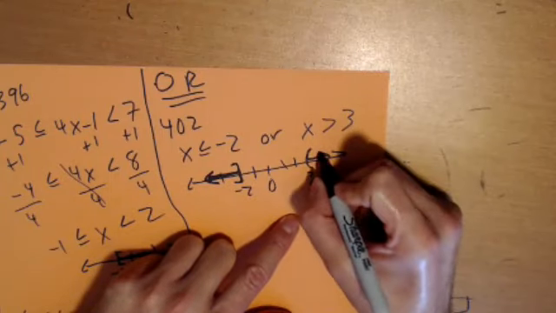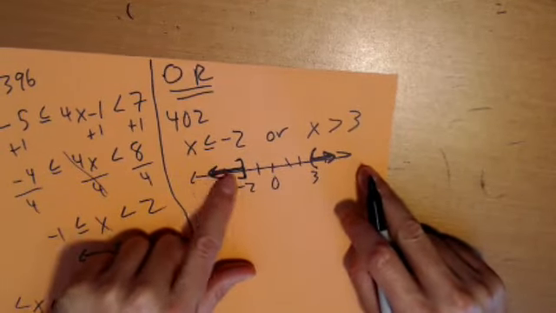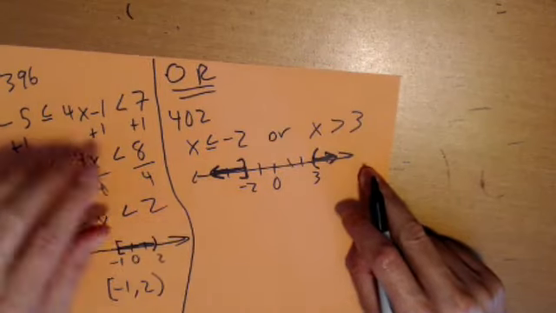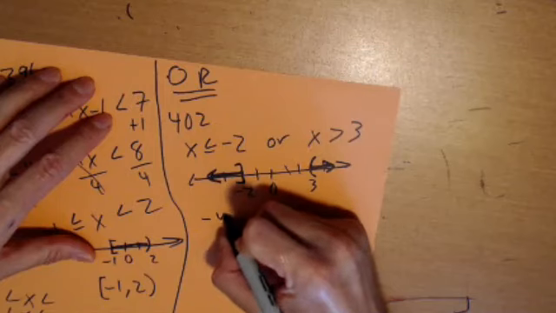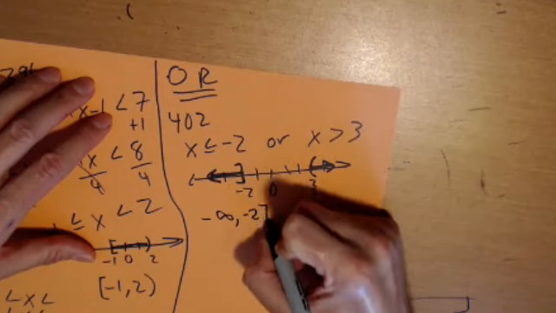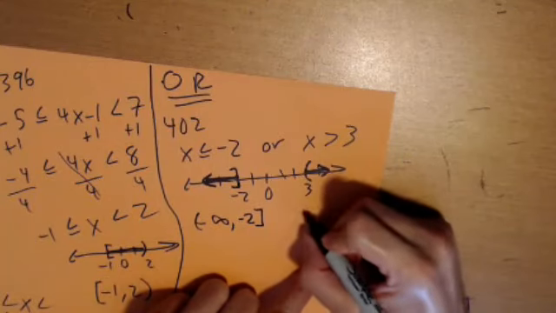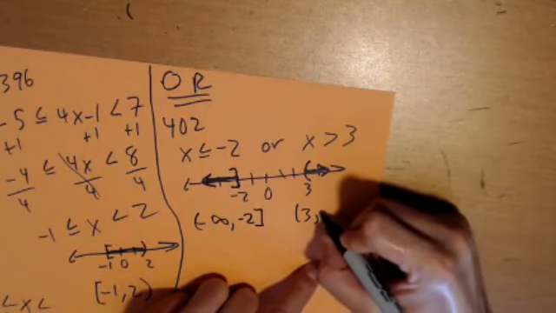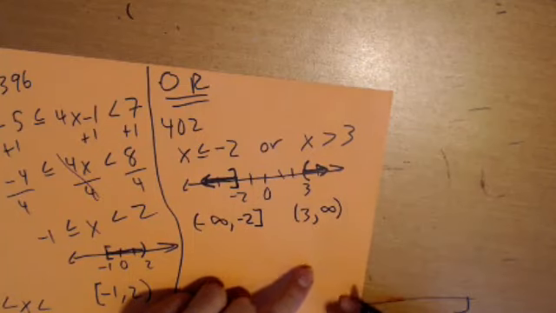See how the arrow points that way? Hey, there is no overlap. No worries. "Or" means it's either these answers or these answers. So from negative infinity to negative 2, inclusive, can't touch infinity, and also these answers over here, from 3 to infinity.